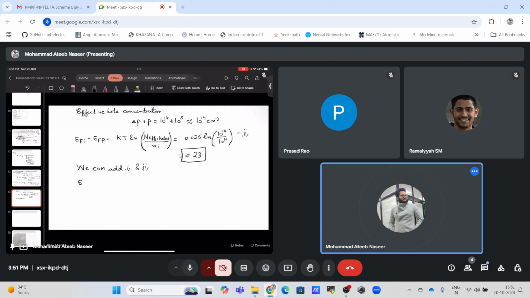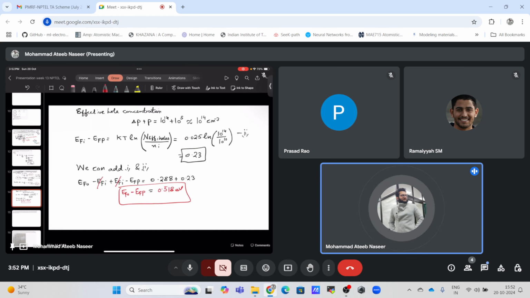It is simply EF0 minus EFI plus EFI minus EFP, which is 0.288 plus 0.23. So EF0 minus EFP is 0.518 electron volts, to be specific.